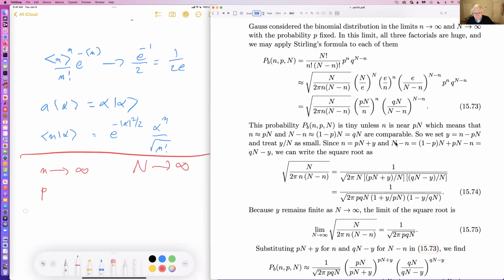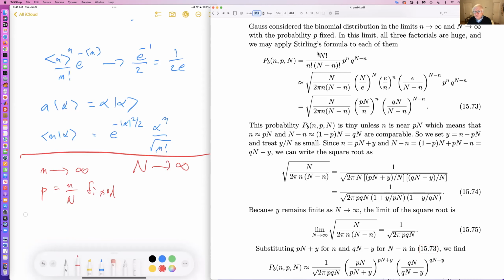And P is then n over big N, fixed. So he kept the probability as a finite number and sent the two n's to infinity, whereas Poisson sent P to zero and big N to infinity and kept little n fixed. So it's a different limit.